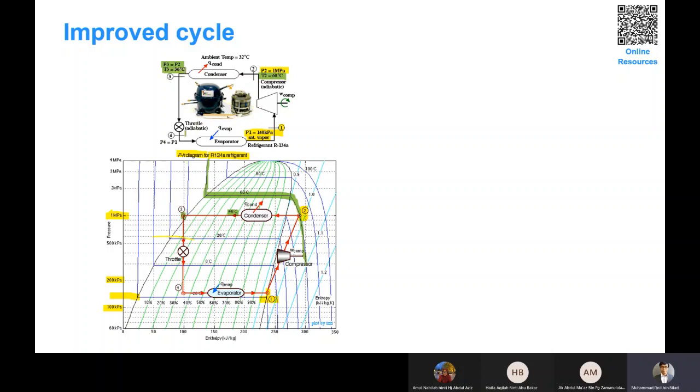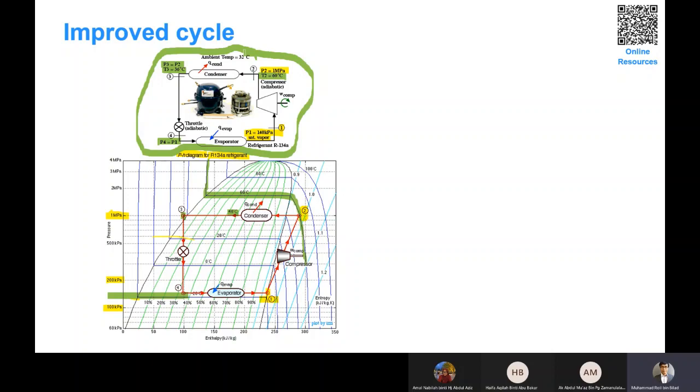And then it's throttle adiabatic. It brings it to the same pressure as P1, so it goes down to 140 kilopascal. So this is how we translate the information from a basic layout of a refrigerator into the pH diagram, the pH chart.